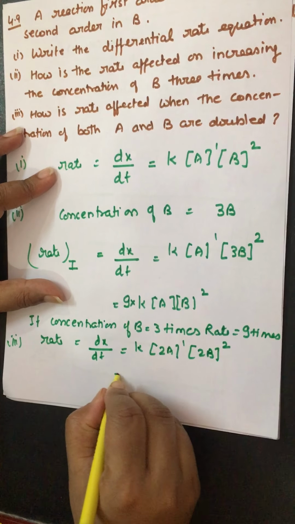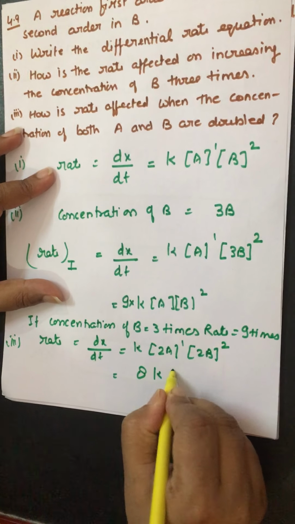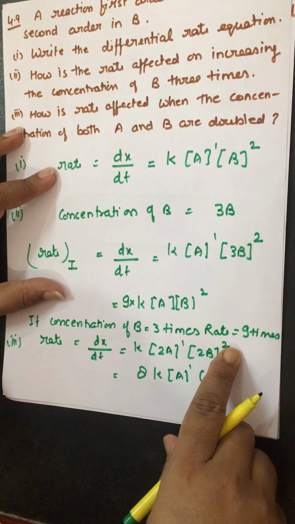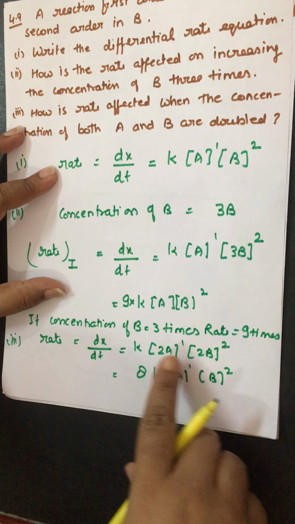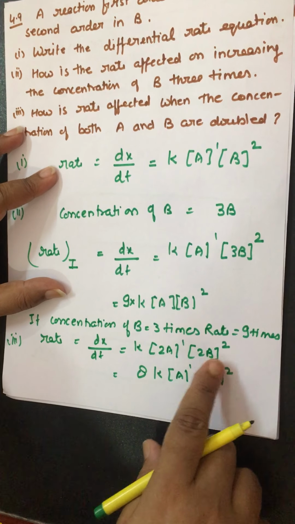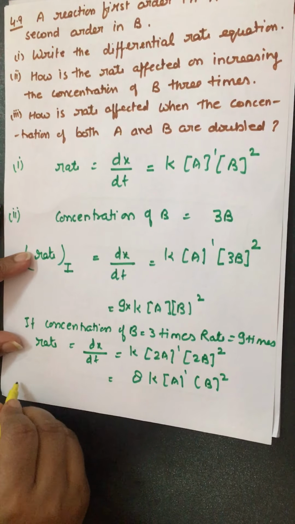Now it becomes 8k A to the power 1, B to the power 2. 2 squared is 4, 4 times 2 is 8. Right? Means if the concentration of A is doubled and the concentration of B is doubled, the rate becomes 8 times.